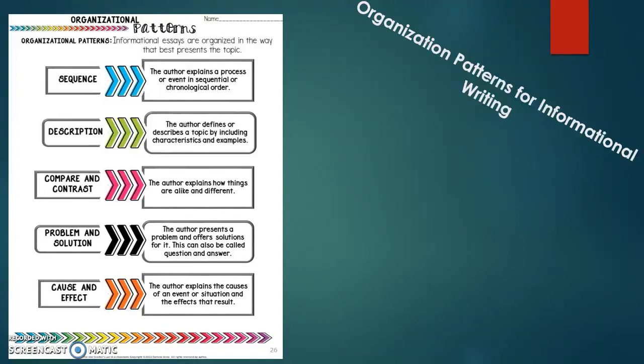So you can use compare and contrast. Problem and solution is where the author presents a problem and then offers solutions for it. And then cause and effect explains the cause of an event or situation and then the effects that result. We're going to focus on just one today, and then we'll work our way through the rest of these each week.